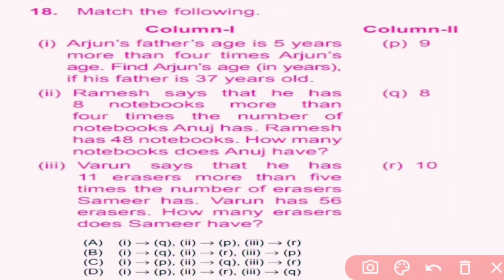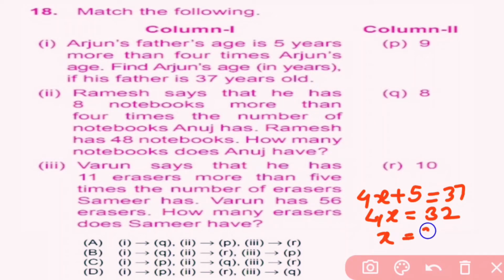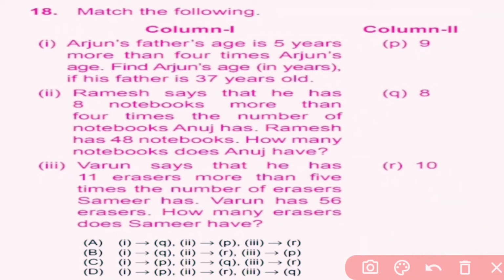We assume Arjun's age as x and his father's age is 5 years more than 4 times Arjun's age, means 4x plus 5 is equal to 37. So 4x is equal to 37 minus 5, which is 32, and x is equal to 32 by 4, which is 8. So here Arjun's age is 8 years.